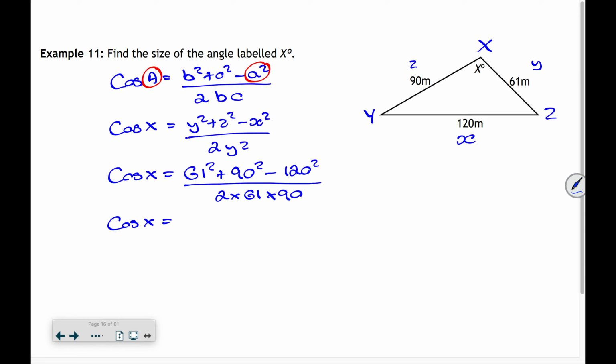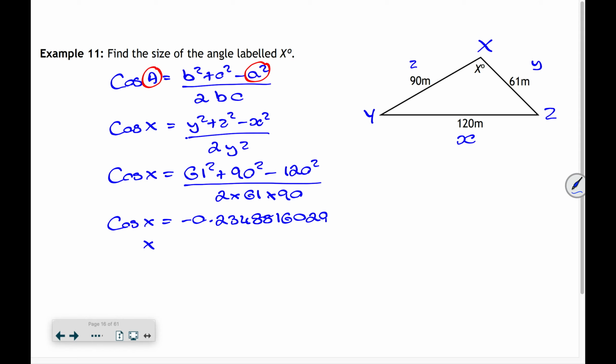Again, using my fraction button: 61 squared plus 90 squared, take away 120 squared, all over 2 times 61 times 90. And that's going to give me minus 0.23488166029.